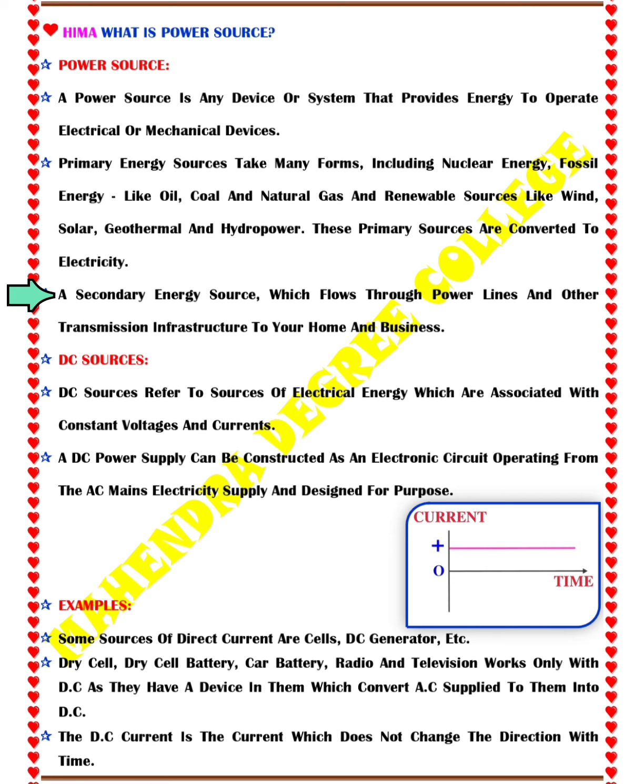This means after being generated, electricity travels through high voltage power lines for distribution.